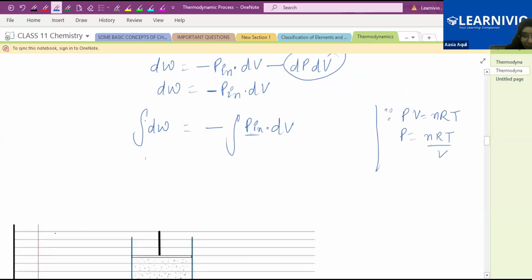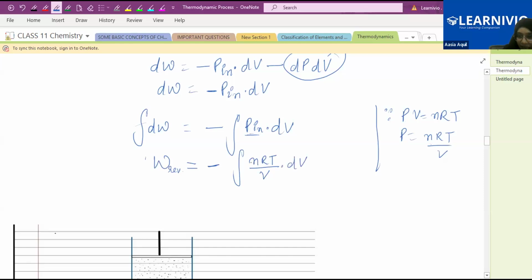So integrating dW, you will get W, the work of reversible work done, which equals minus the integral of nRT upon V into dV, because from the ideal gas equation PV equals nRT.